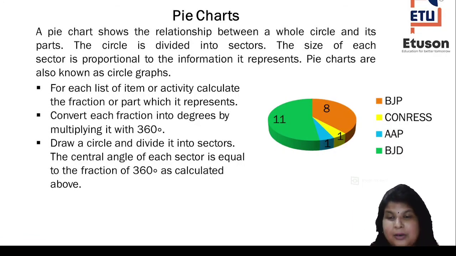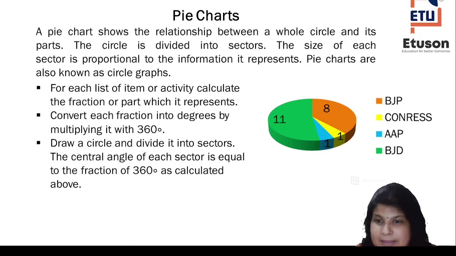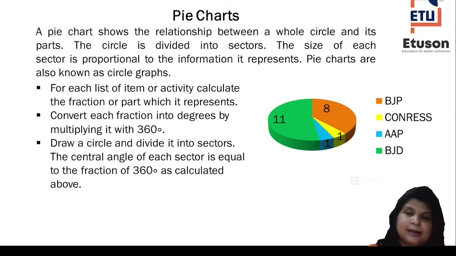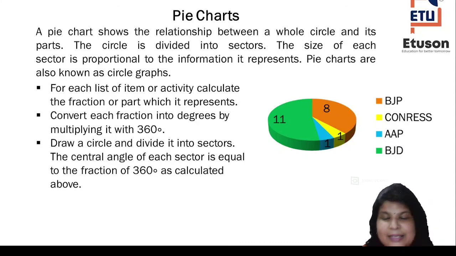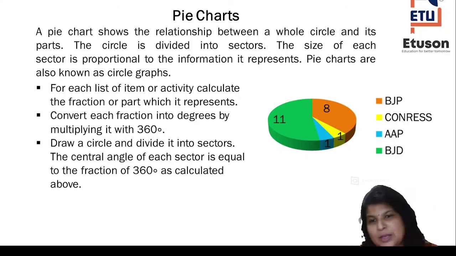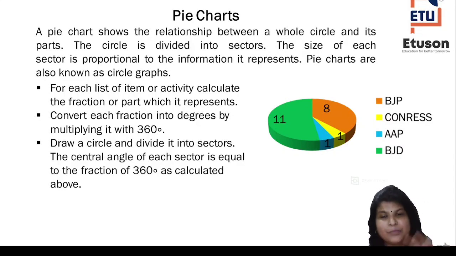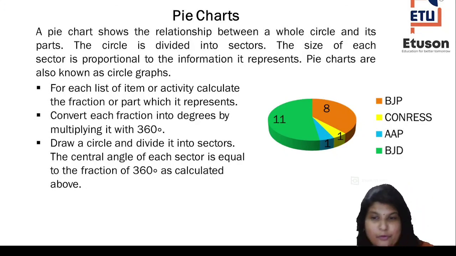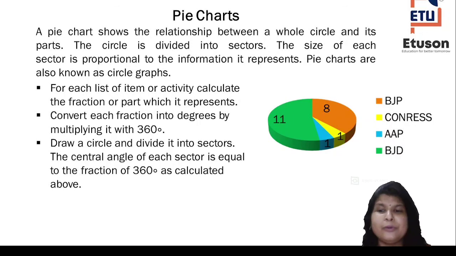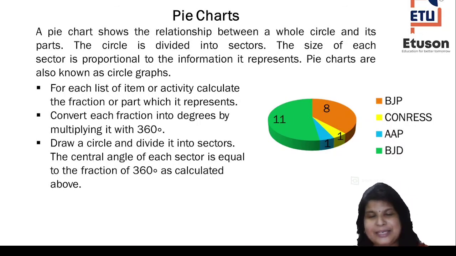BJD has got 11 seats, BJP has got 8 seats, Congress has got 1 seat and Aam Aadmi Party has got 1 seat. So total, 8 plus 1 is 9, plus 1 is 10, plus 11, that is 21 seats.